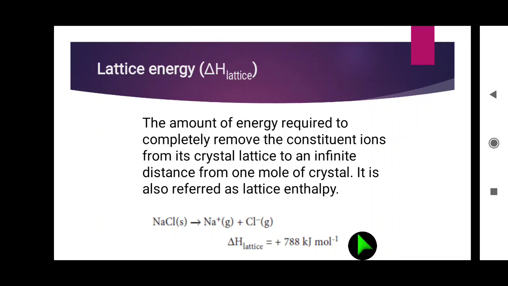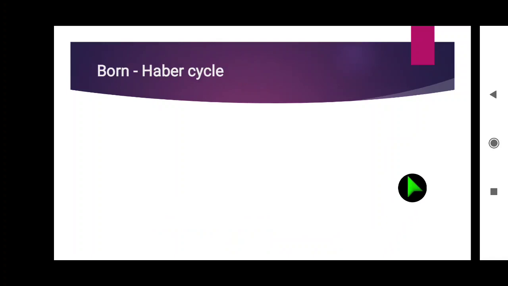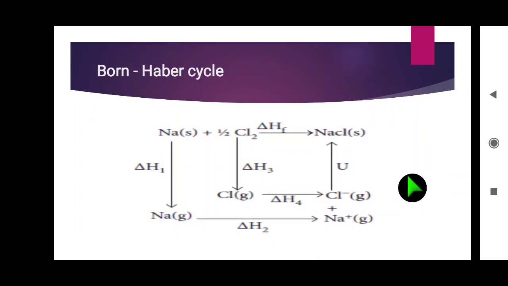Now, the lattice energy and Hess's law are applied in the Born Haber cycle. Before we see the Born Haber cycle, we should know what Hess's law is and what lattice energy is. Now we will see the Born Haber cycle. The formation of sodium chloride is from sodium and chlorine.